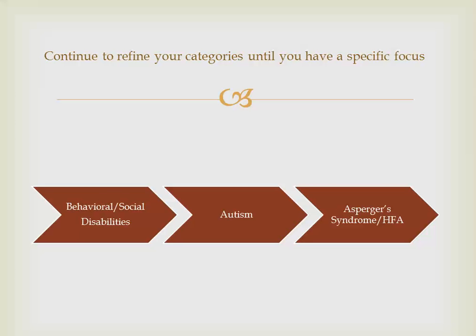You might choose to focus on Asperger's syndrome or high functioning autism. Not that Asperger's syndrome and high functioning autism are necessarily the same, but these communities often are paired together and share a voice. There are several organizations that are quite well known that are aimed at Asperger's syndrome and high functioning autism because those two particular kinds of diagnoses can share a lot of similarities between them.